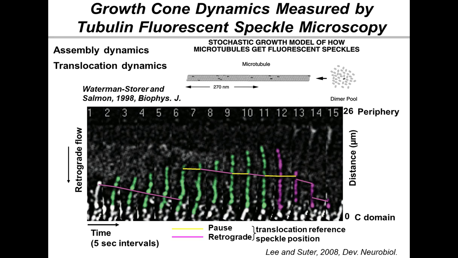We color-coded the growing microtubule in green and the same microtubule when it shrinks in magenta. You can see the little dots, and an internal dot or speckle is providing a reference point for translocation. The addition of new dots provide us with the ability to quantify the rate of assembly or shrinkage.